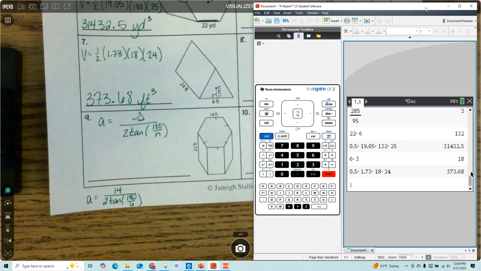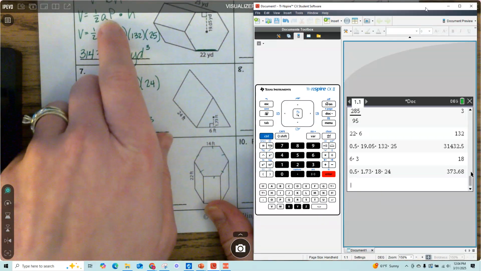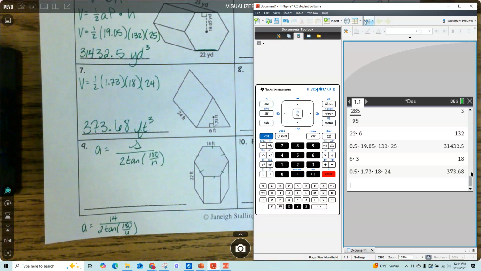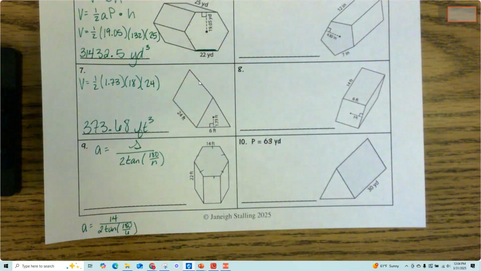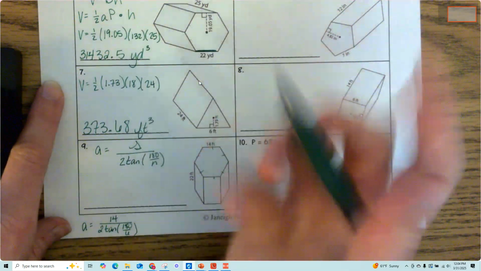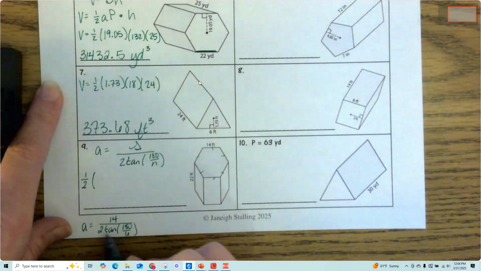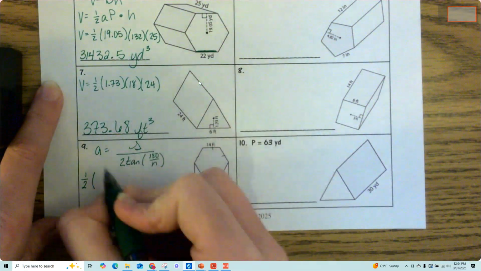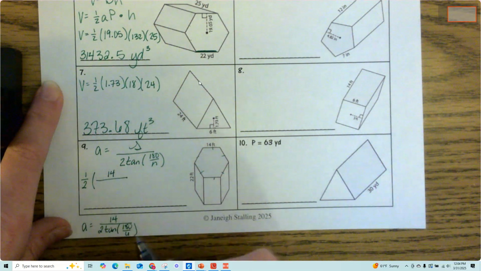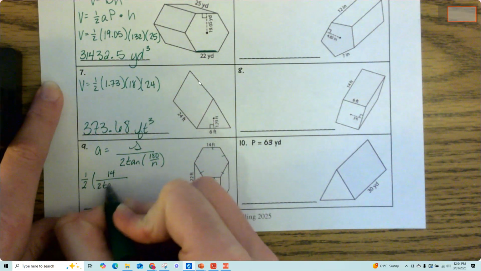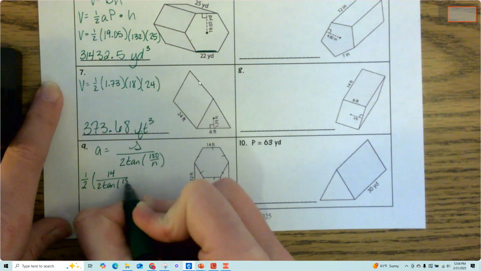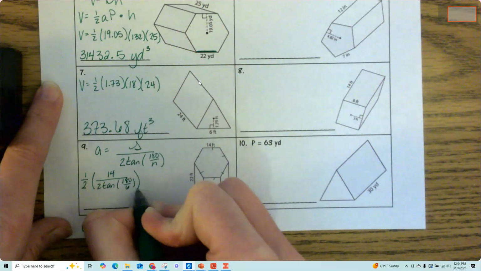I'm not going to estimate that number. I'm going to use that whole piece in this formula. So I'm using this formula still. So 1/2. So the apothem is all of this. 14 over 2 tan 180 over 6.